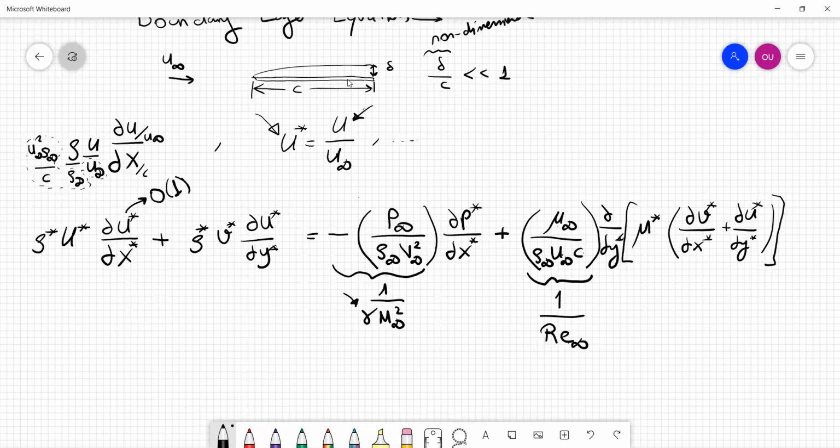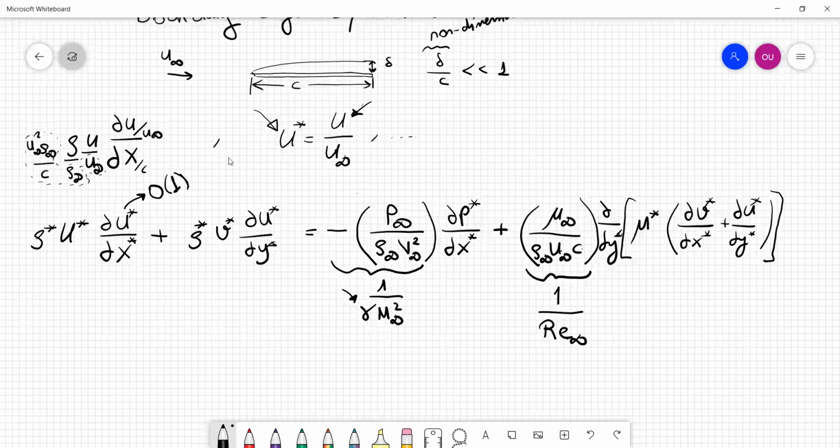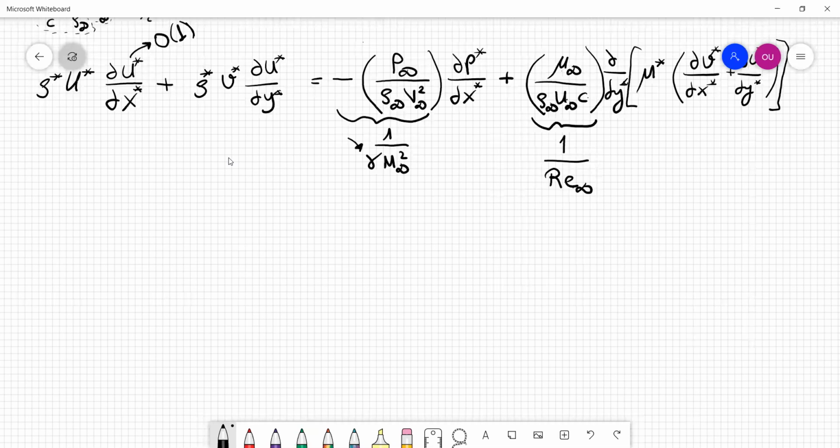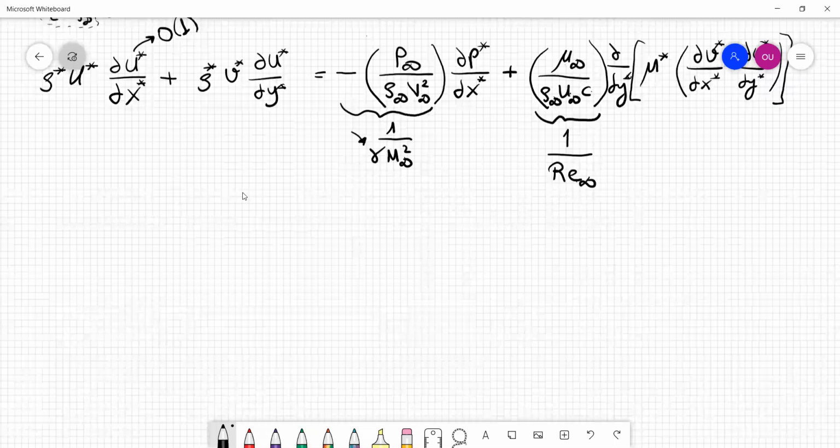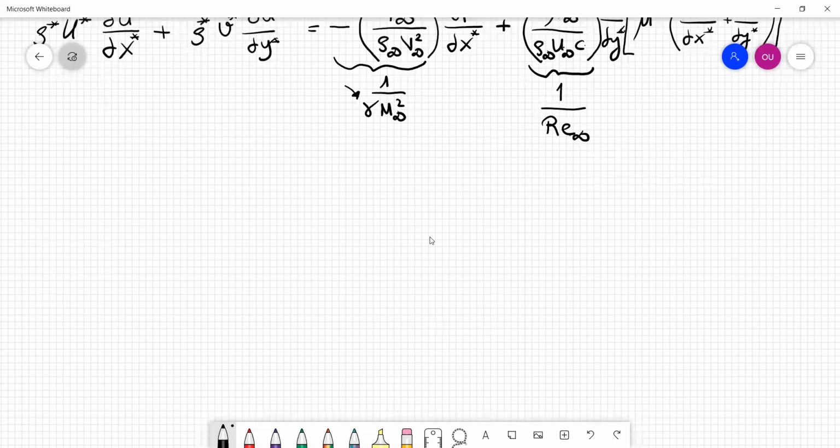The first example we will use, instead of starting with this non-dimensional form of the momentum conservation equation, we will start with the non-dimensional form of the continuity equation, which is quite simple. I did not derive it, but I guess you can do it yourselves with the same idea. The non-dimensional form of the continuity equation for a steady flow is like this.